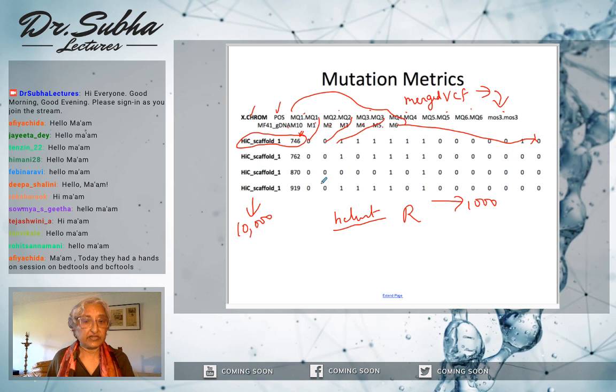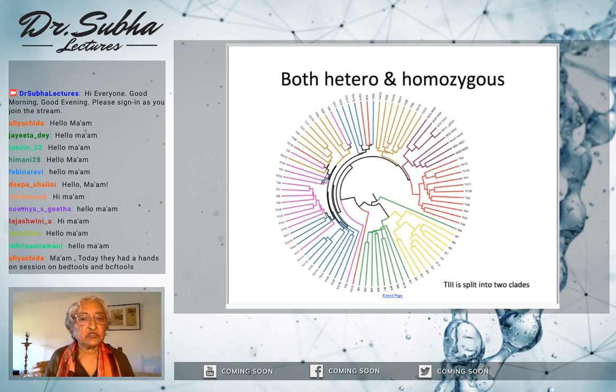So once you have this matrix, then you can say, I'm going to create a tree. I'm going to see which samples go together, which samples diverge together. In this particular case, you can see that all these samples are in one clade, all these samples are in one clade, all these samples are in one clade. Some of them get mixed up.